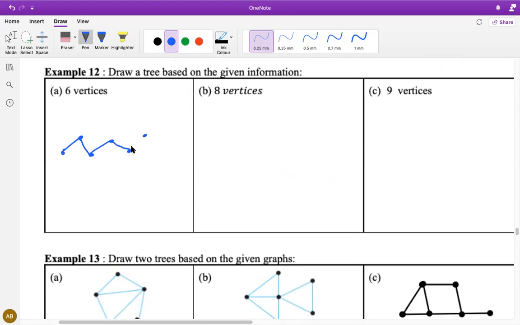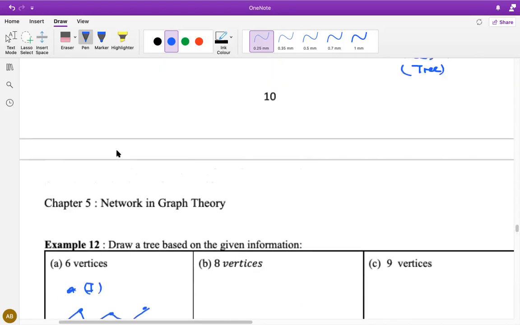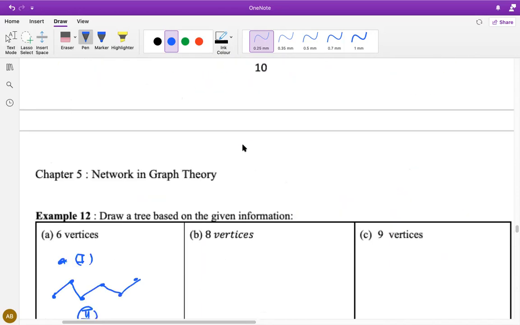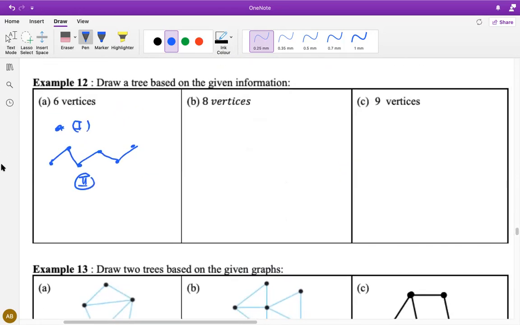That is the first option. The second one will be using this one, F. That means I have 1 point in the middle, then it is connected to the others, 1, 2, 3, 4, and 5. So it's like this.